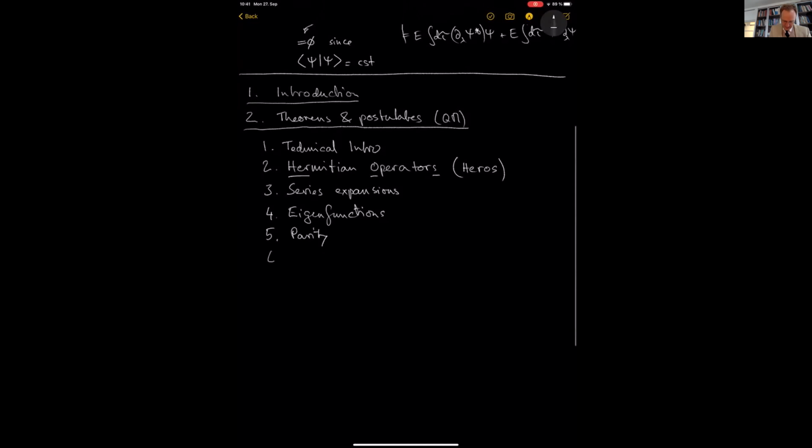The sixth point should be measurement. And the seventh point will be location.